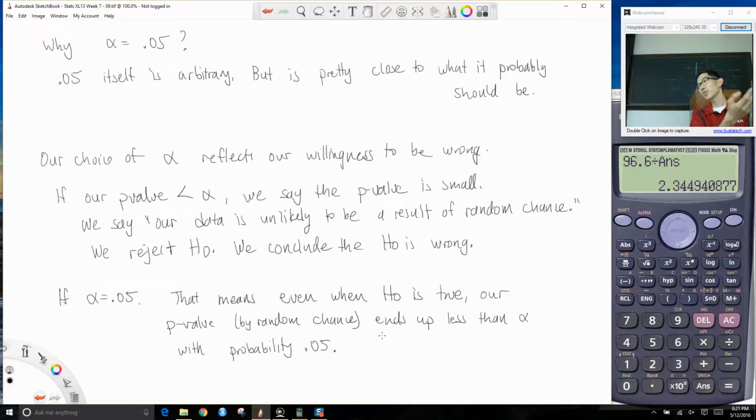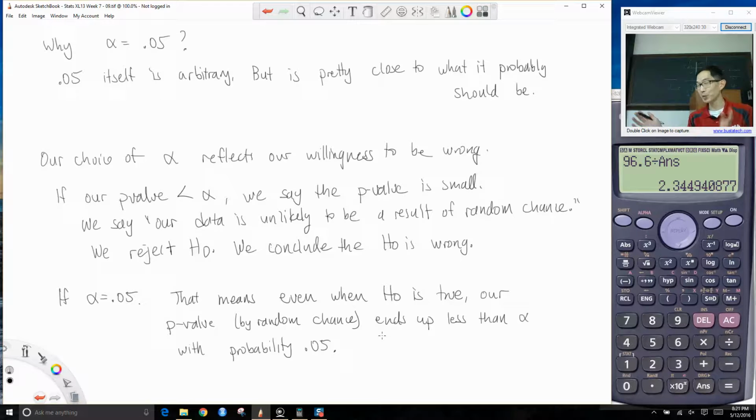And that's going to happen 2% of the time, because the calculations say the probability of getting this data by random chance is only 2%. But that means you're going to get this data 2% of the time, okay? And so that means if your alpha is 5%, you're going to get data that causes you to reject the null hypothesis even when the null hypothesis is true, and that's going to happen about 5% of the time. Okay, does that kind of make sense?